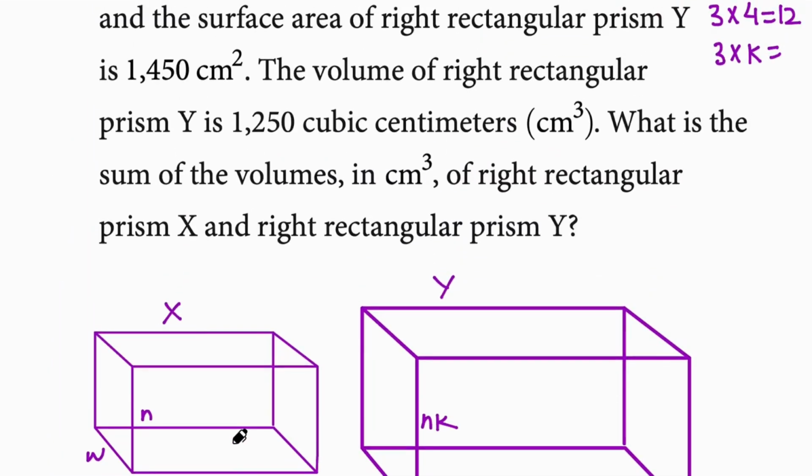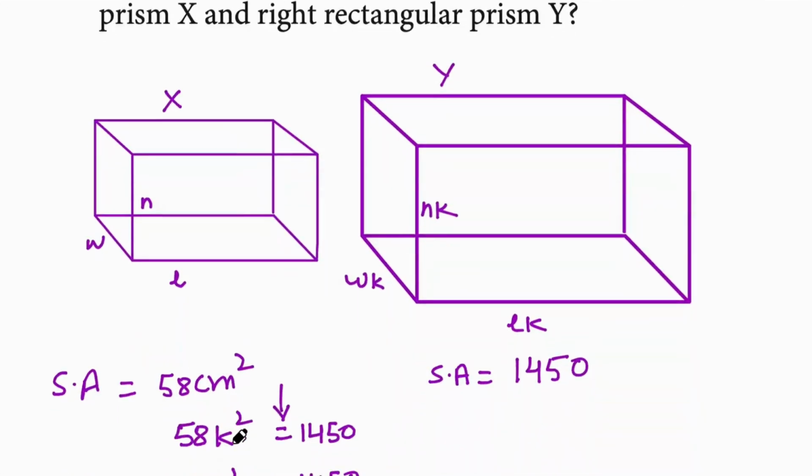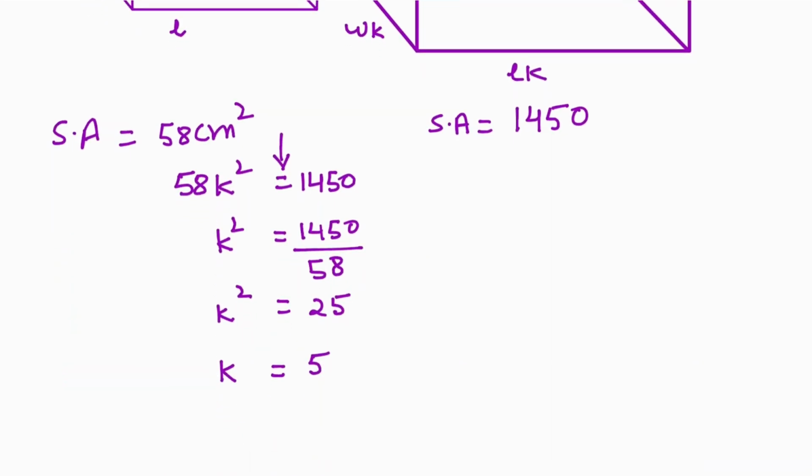Now let's go to the second one. The volume of right rectangular prism Y is 1250 cubic centimeters. Okay, let's change the color. So the volume of this one is equal to 1250, and in our question the volume of X is not given. It is the volume of Y.